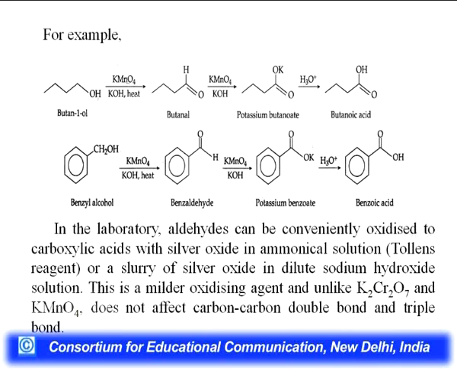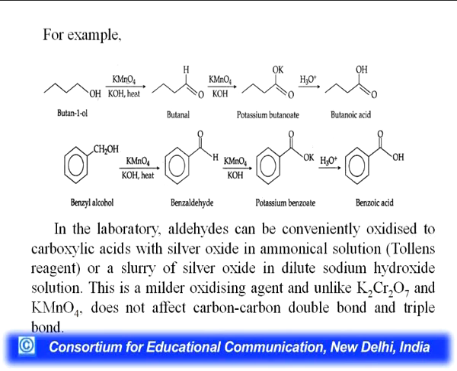In the laboratory, aldehydes can be conveniently oxidized to carboxylic acid with silver oxide in ammoniacal solution. It is also known as Tollens reagent, or a slurry of silver oxide in dilute sodium hydroxide solution.